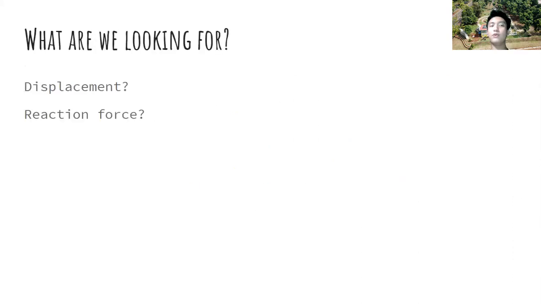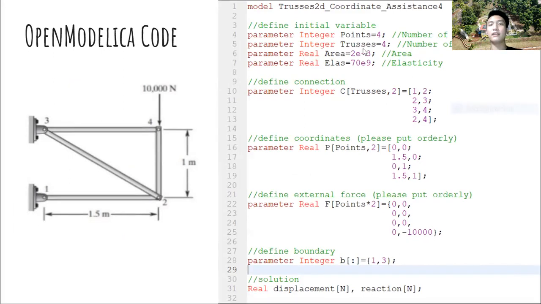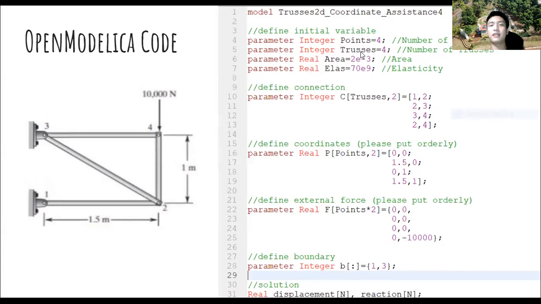Okay, so how do we find the displacement and the reaction force? Irfan Nafis and I have already set up the OpenModelica code to solve these problems. First we define the problem in this section, such as the initial variables, that is the number of points.